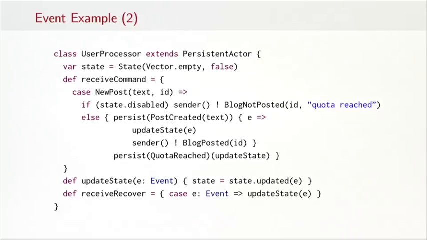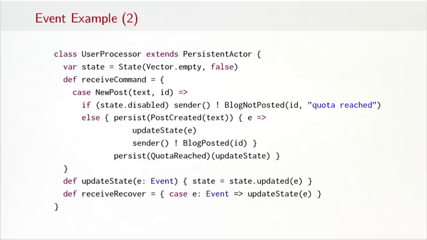In order to do this, the persistent actor must speak with the journal, must have a conversation that we do not see in this actor. This is why the receive method has been implemented in the persistent actor already, and what has been written there delegates to two new methods. The receive command method is the correspondent of the receive in a normal actor in that it defines its normal behavior during runtime. There is another receive recover that we will talk about later.